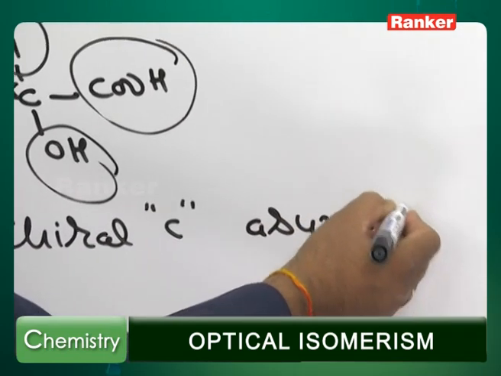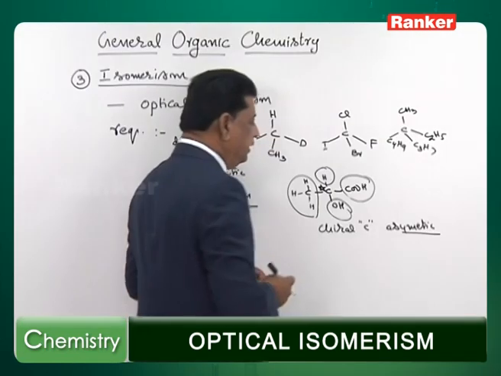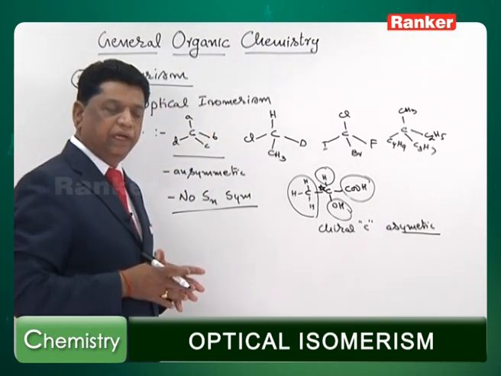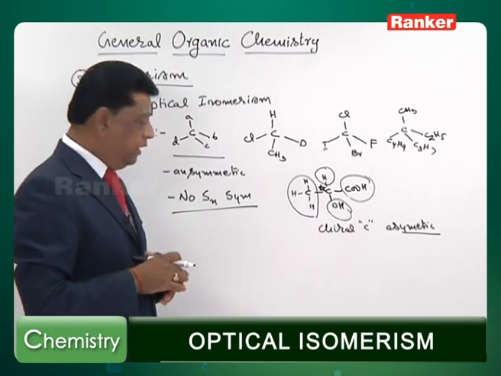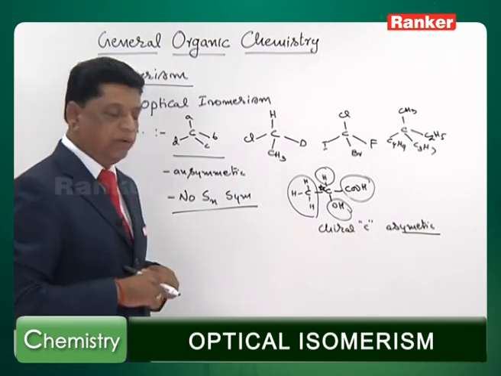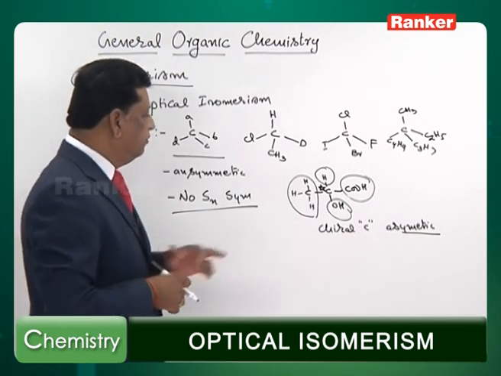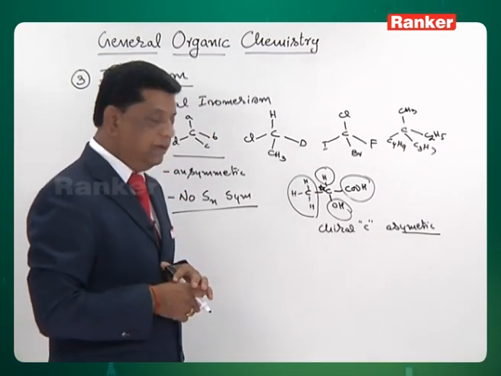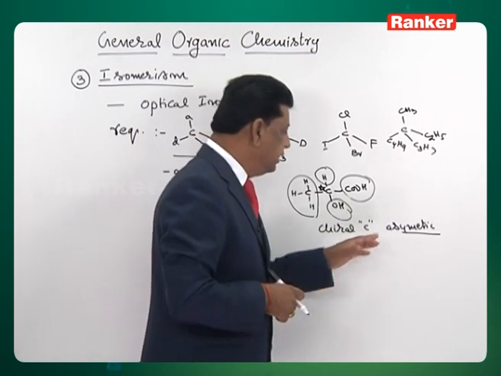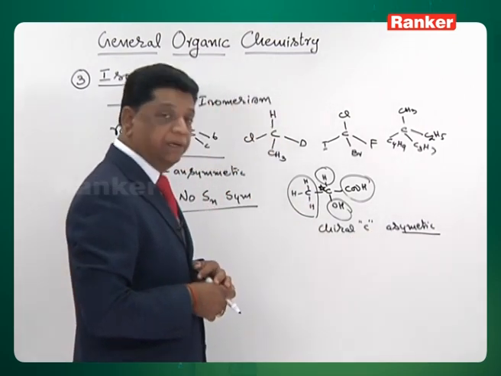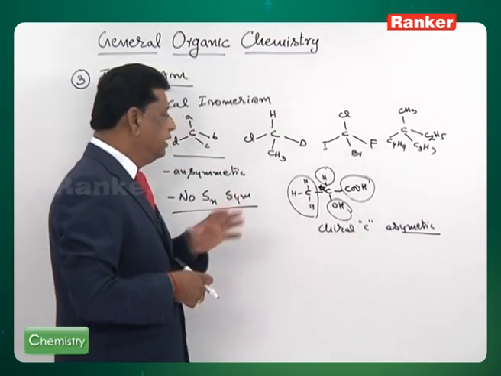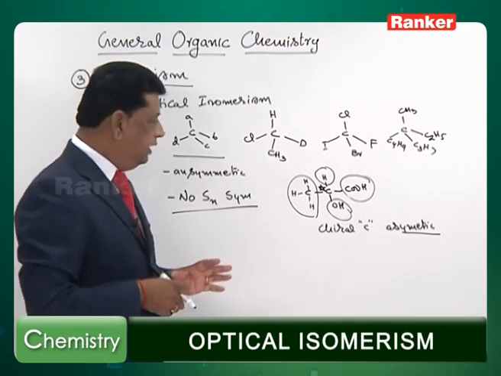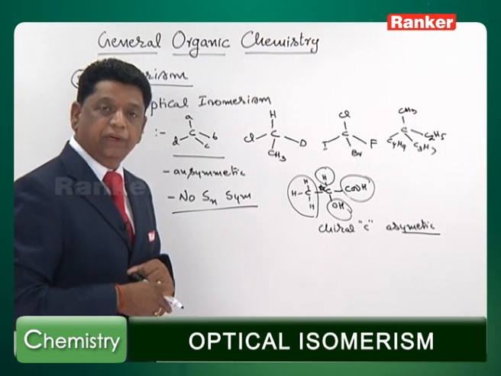A carbon with 4 different groups allows no symmetry except C2 symmetry. Therefore, this carbon is said to be a chiral carbon, or an asymmetry producing carbon. Whenever such a condition is fulfilled, the compound shows optical isomerism.